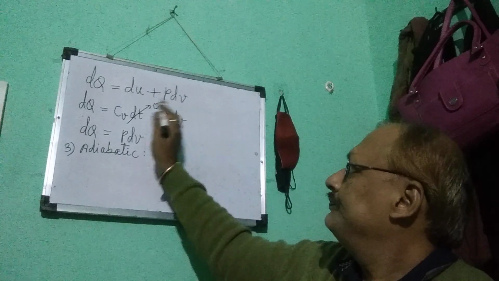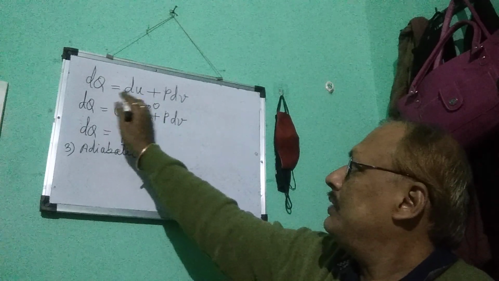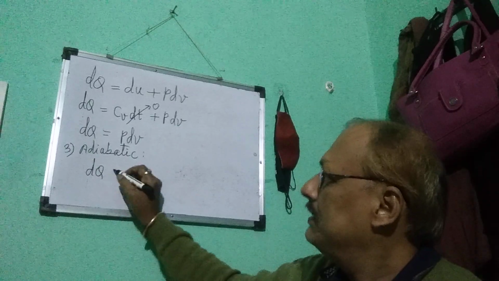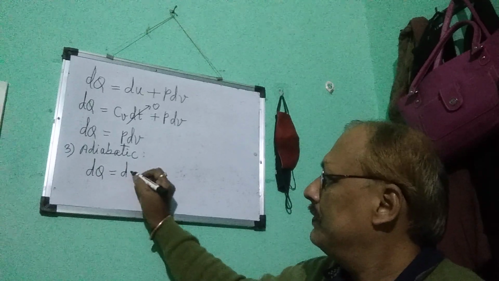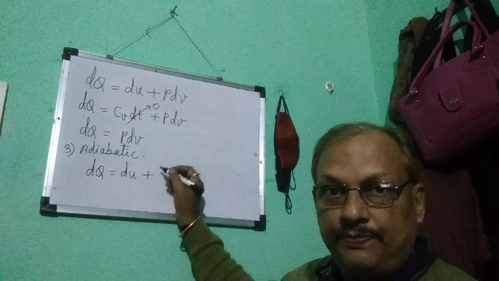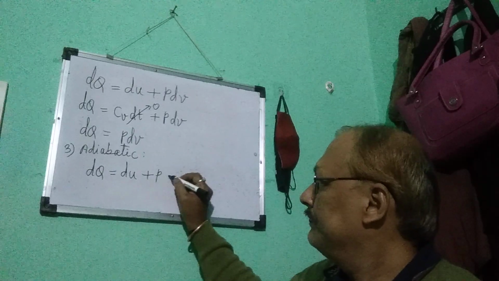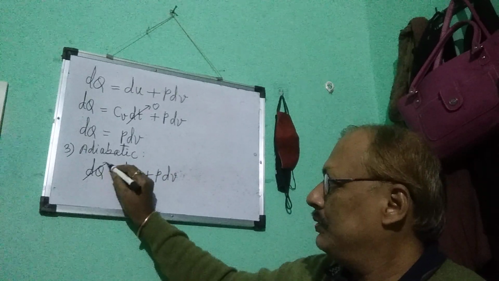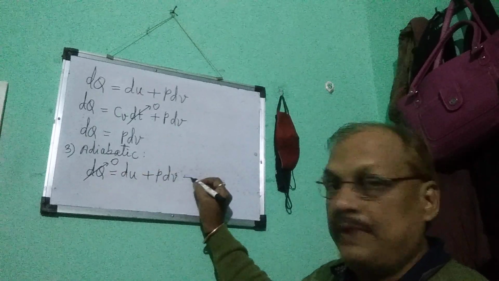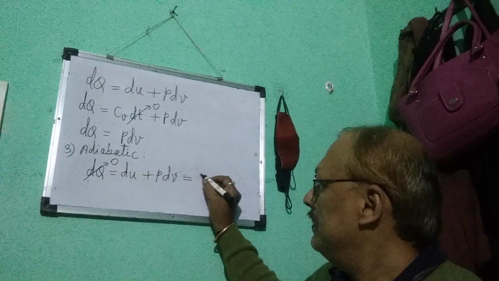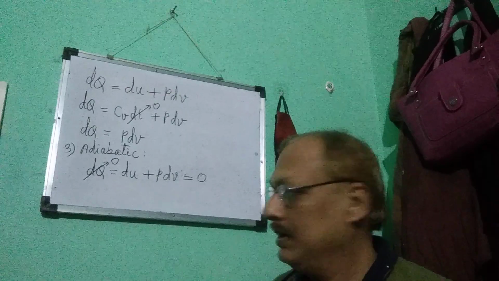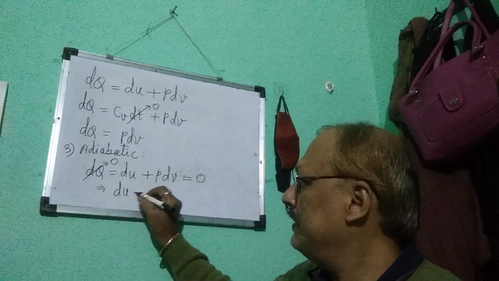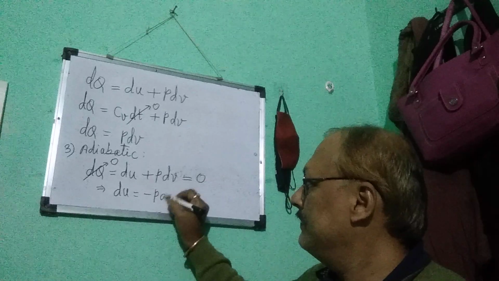So dq = du + pdv is our governing equation. This dq is 0, so du + pdv = 0. That means du = -pdv.